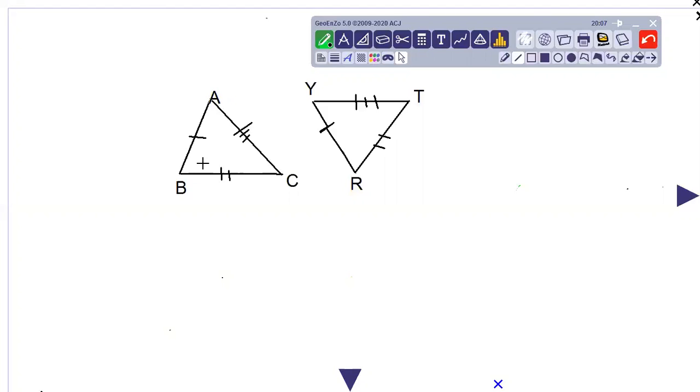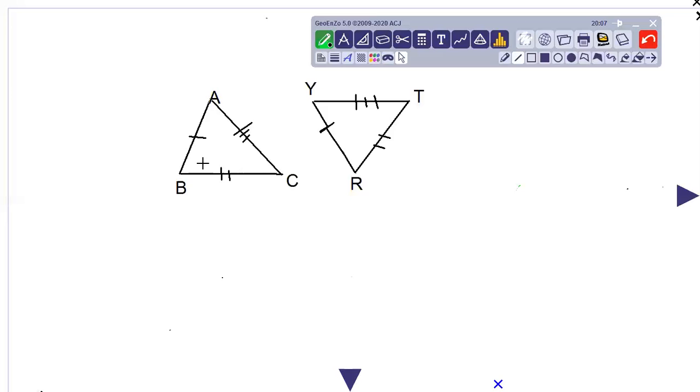For the first triangle, all the 6 parts, the 3 sides and the 3 angles, should have equal corresponding parts in the second triangle. That is, all the 3 sides should have corresponding equal sides in the second triangle, and the 3 angles in the first triangle should have corresponding angles in the second triangle also.